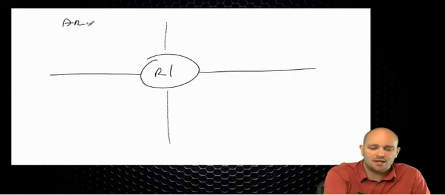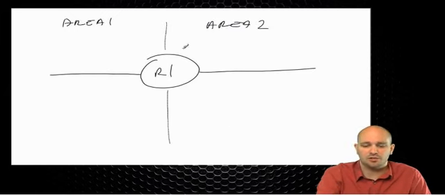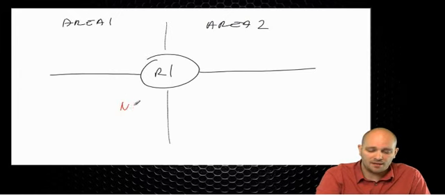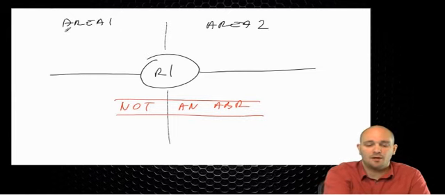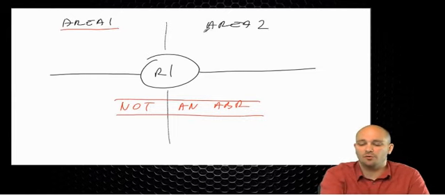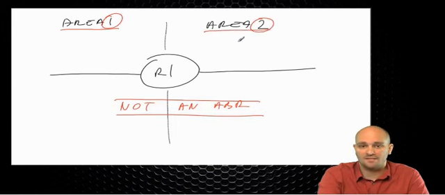So let's say that this is area 1 and this is area 2. If you have this situation, this router in OSPF, in IOS, is not an ABR.